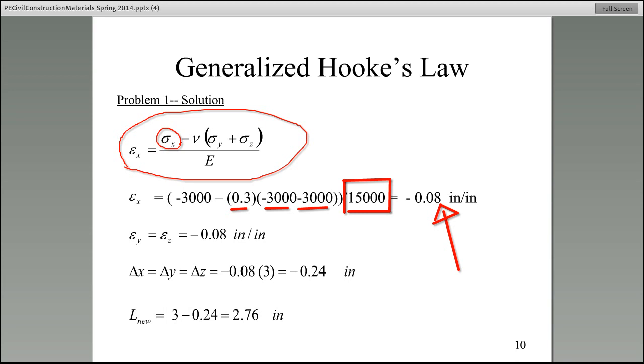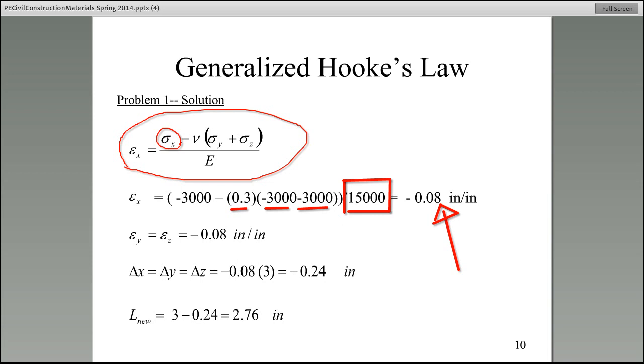Now, what the problem wants us to find is the dimension of each side of the cube after the pressure has taken place. Please understand that 0.08 is not the answer. 0.08 is the strain. In other words, 0.08 is delta L over L. Do you see that?